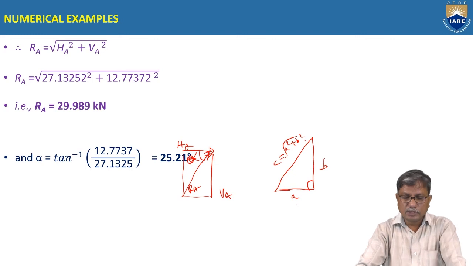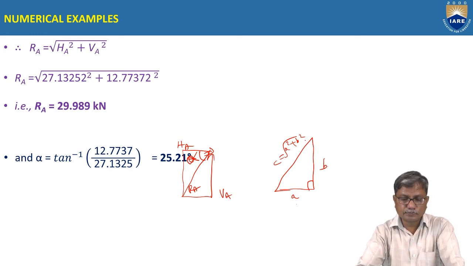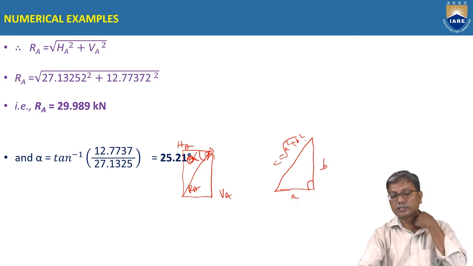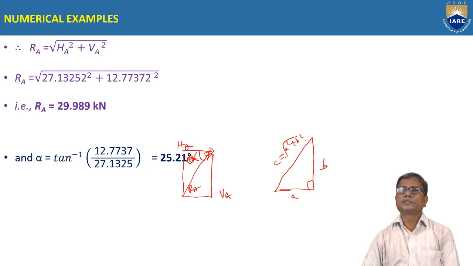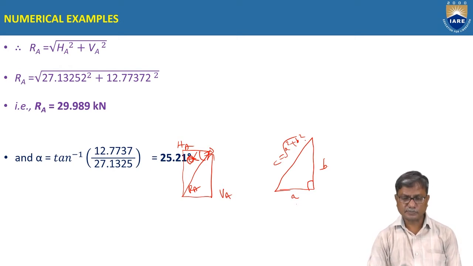So tan alpha is VA by HA. VA is 12.7737, and HA is 27.13. HA is greater here, so alpha will be less than 45. That is 25.2. If VA is greater than HA, then alpha will be greater than 45.